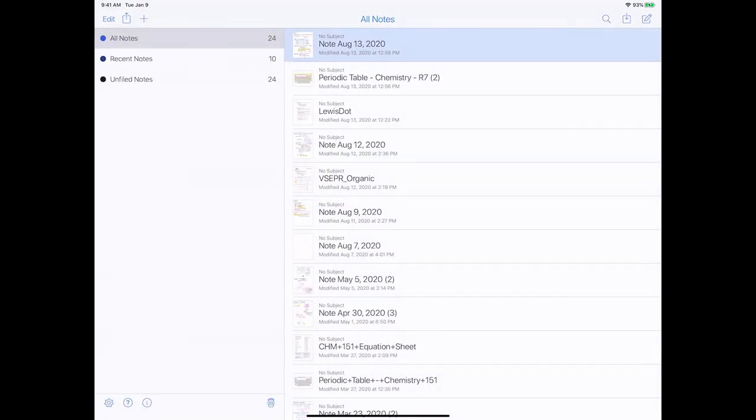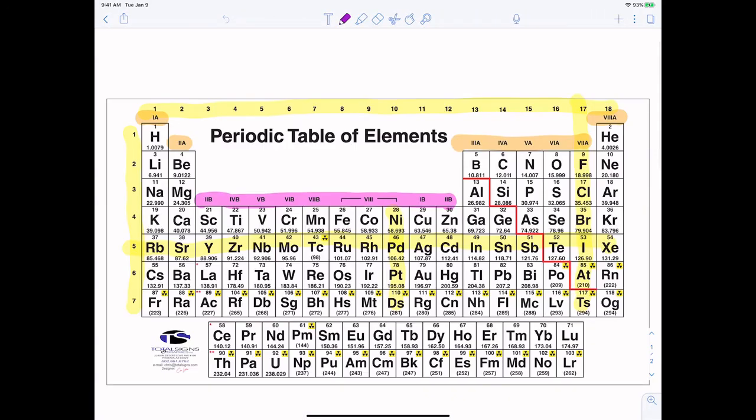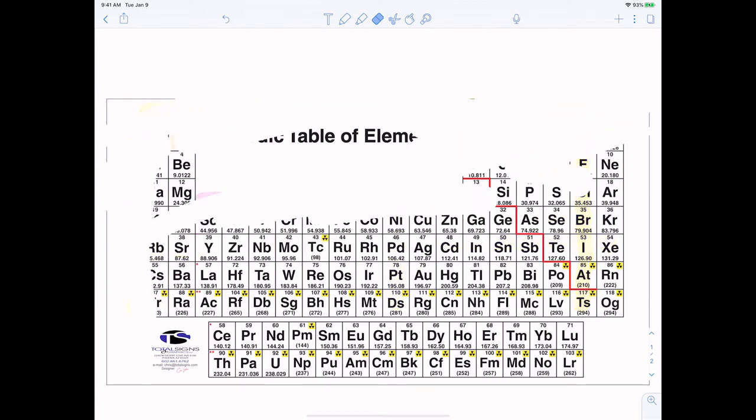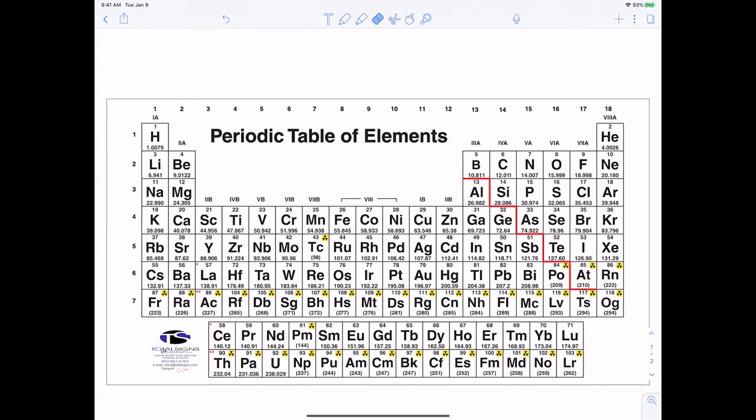If we go back to that periodic table, let's get rid of some of this stuff. Marking this up again: these guys and these guys are my main groups.